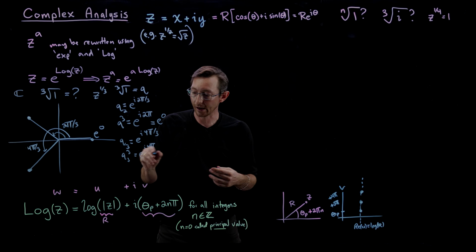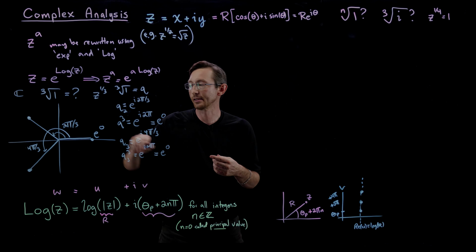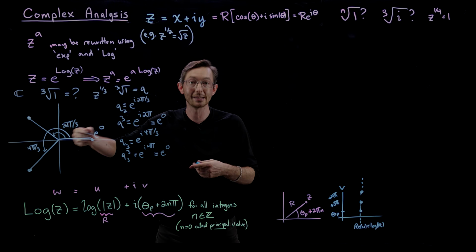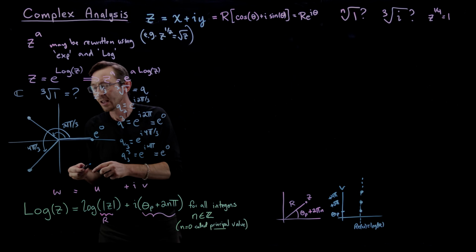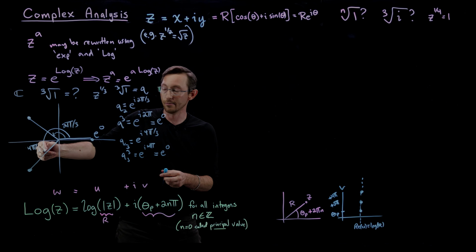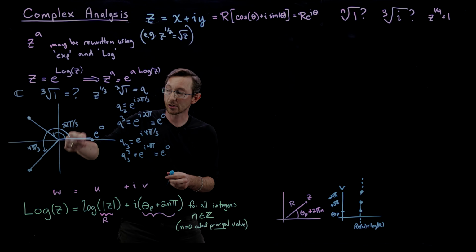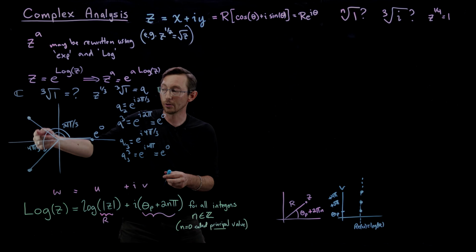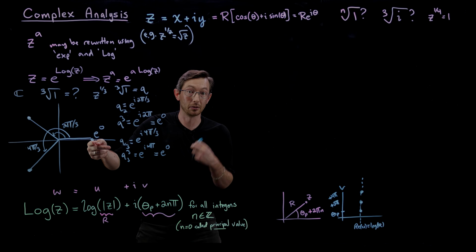And what is e to the i 4 pi? It's e to the 0, because if I go around 2 pi twice, I'm right back where I started. So if I take this angle, 4 pi thirds, q squared would get me here, and q cubed would get me back to a phase angle of 0.